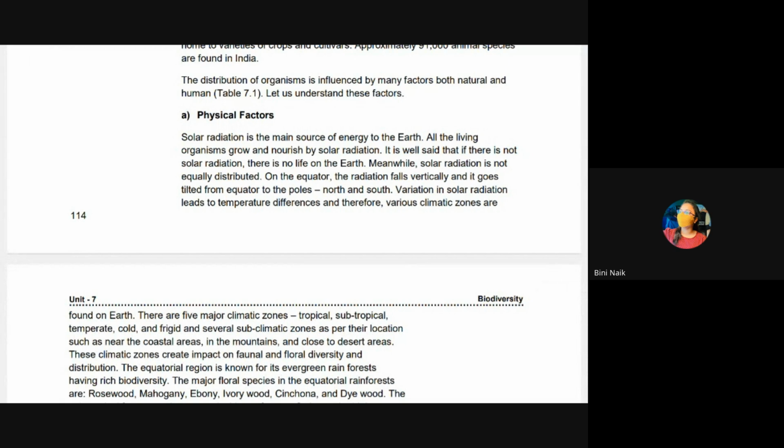If we consider humans as organisms, then we have to look into the different factors influencing the distribution of population over the globe, because we are abided by those factors. If there is no water availability, we may not prefer to live there. Different organisms have different tolerance powers.